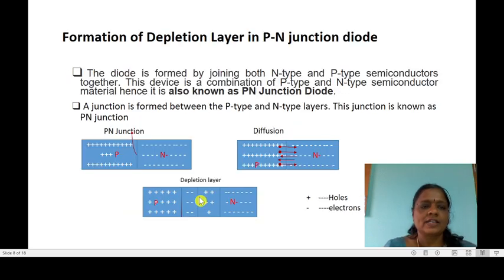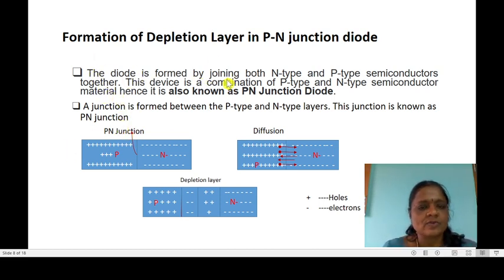Now let us move to the formation of the depletion layer. Here we have a P-type and an N-type. When you combine them, you get one junction, called the PN junction, which I think we already studied in the last class. Let us see what the PN junction diode is.